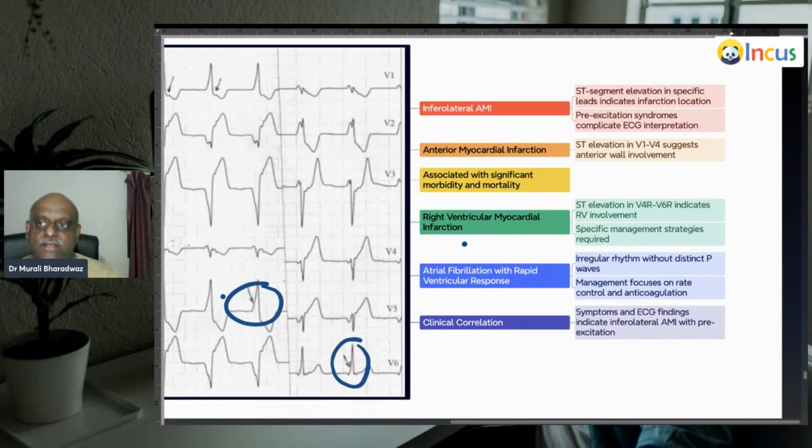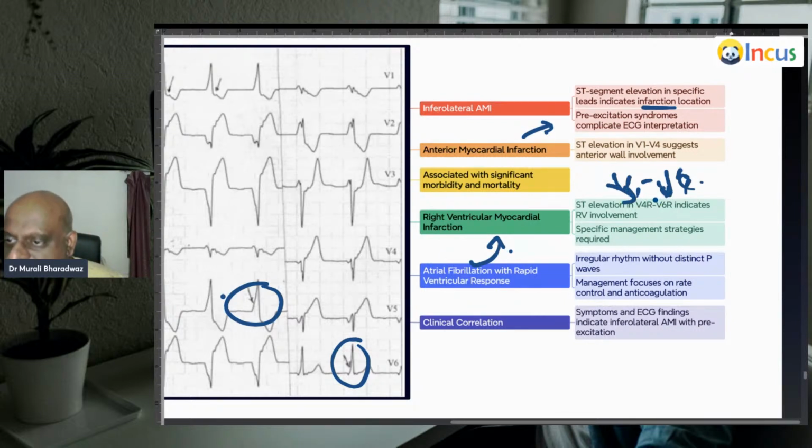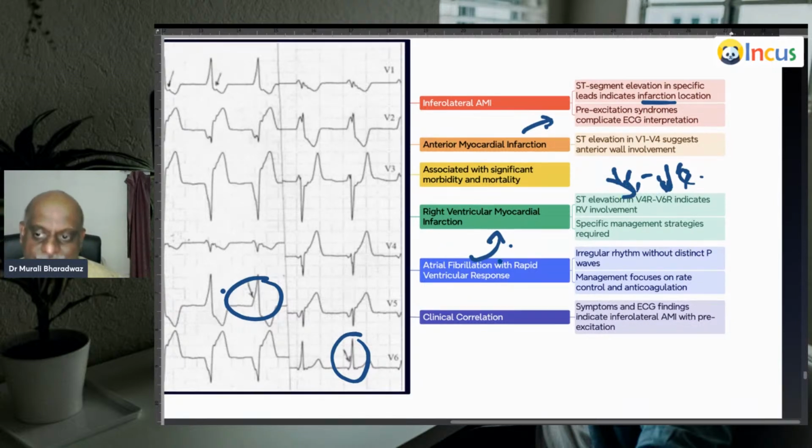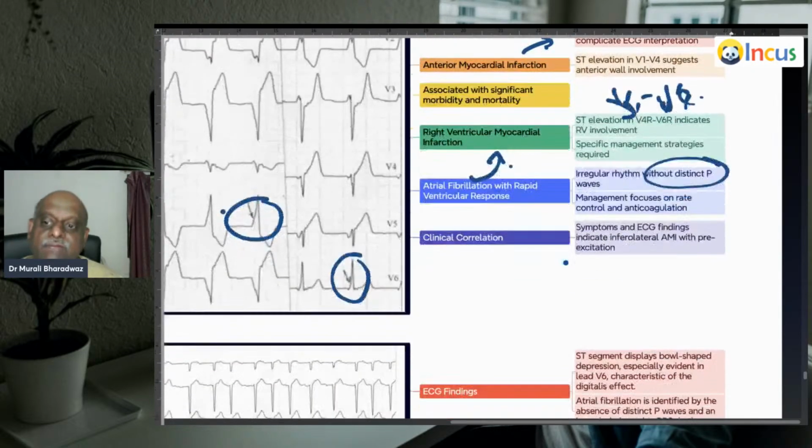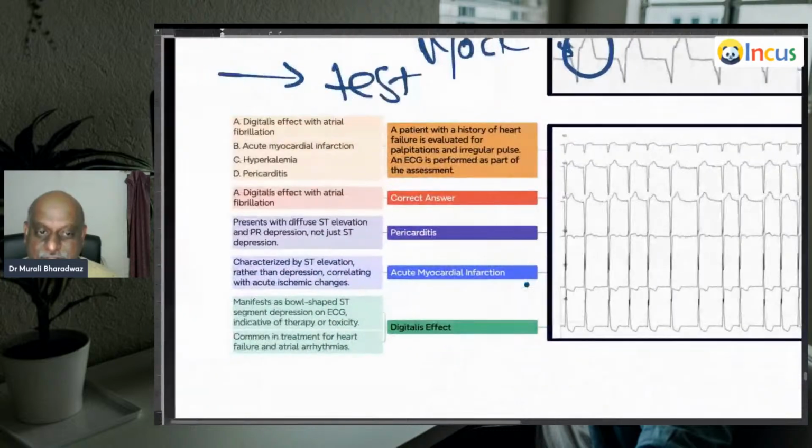ST segment elevation is a sign of infarction, and delta waves are an indication of pre-excitation syndrome like Wolff-Parkinson-White syndrome. Which leads in ECG represent the anterior MI? V1 to V4. Right ventricular infarction, V4R to V6R. And atrial fibrillation, no distinct P waves. So they're all the classical features.